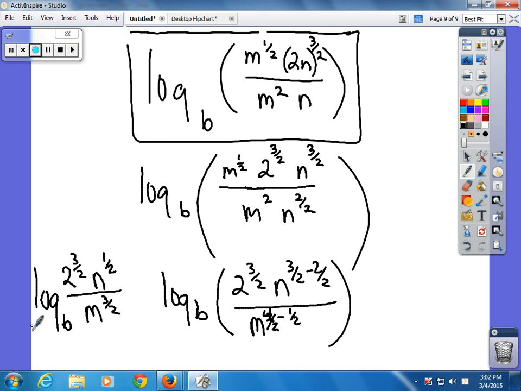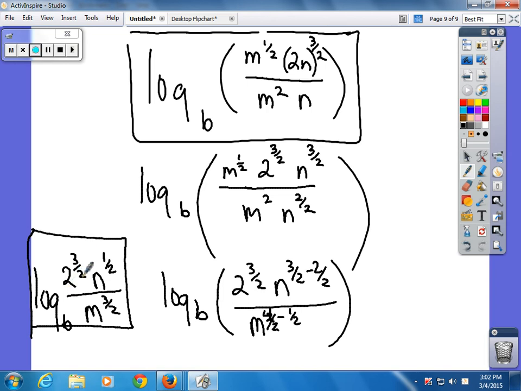And the only other possible answer they could have is to put all that in terms of radicals. And that would be exponent over index.